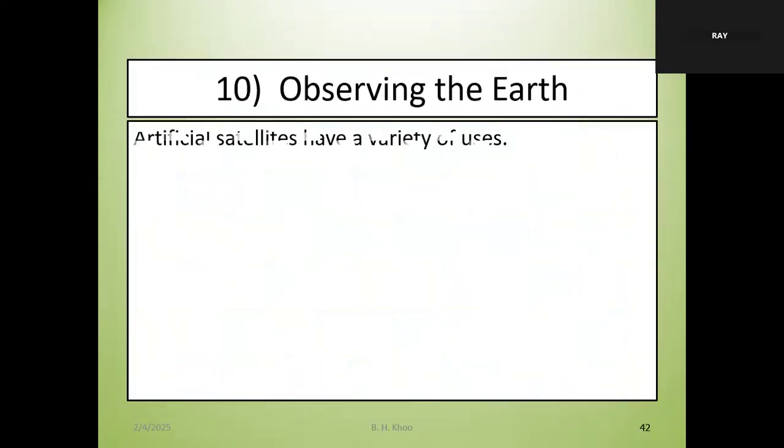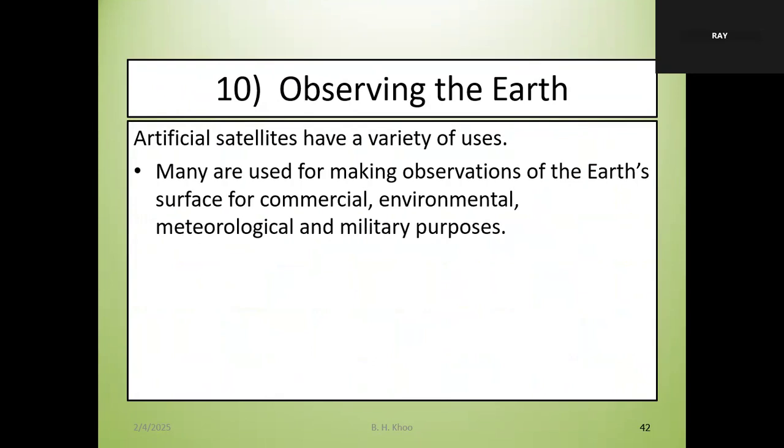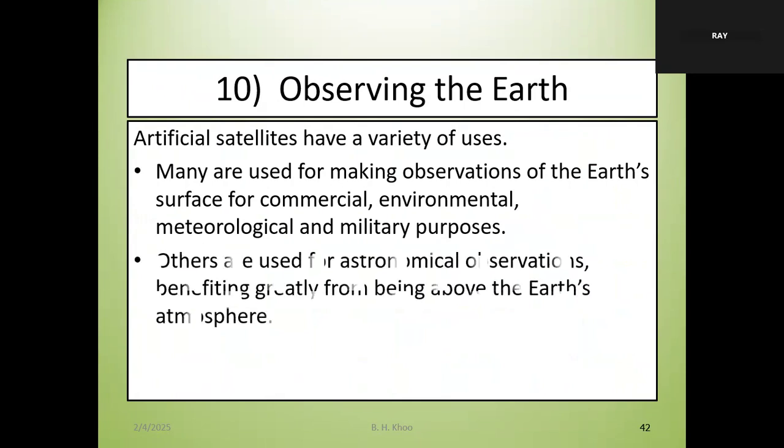Observing the Earth. Artificial satellites have a variety of uses. Normally in the syllabus, it used to have communication, telecommunication, but now in the syllabus, they have changed it. Many are used for making observations of the Earth's surface for commercial, environmental, meteorological, and military purposes.